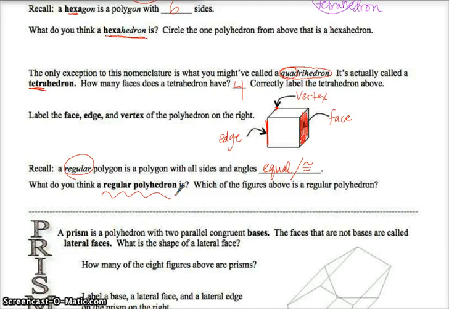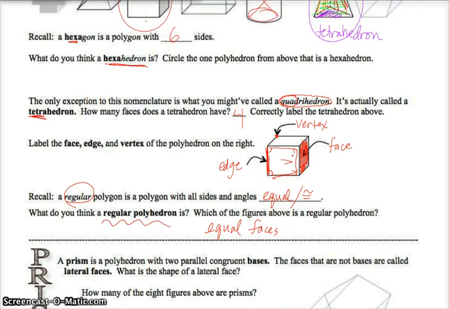So a regular polyhedron is going to be something that has equal sides, right? These sides are going to be the same, these angles are going to be the same, and the face areas are going to be the same. So each face is going to be the same. Each edge is going to be the same length.